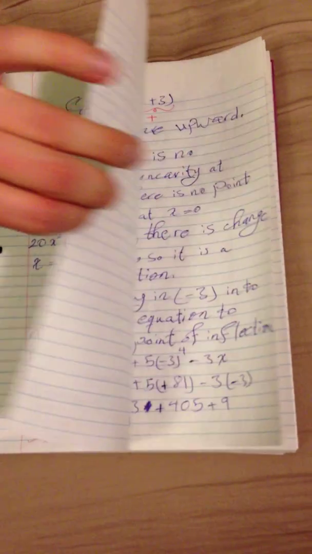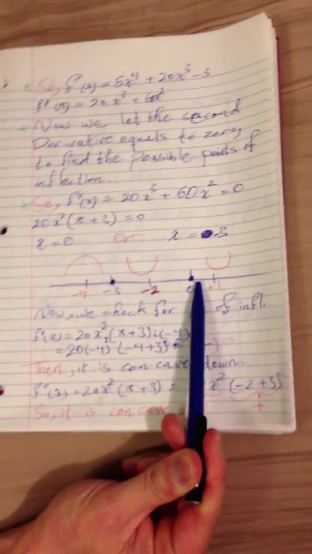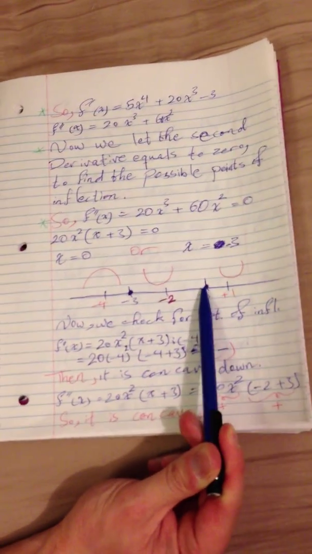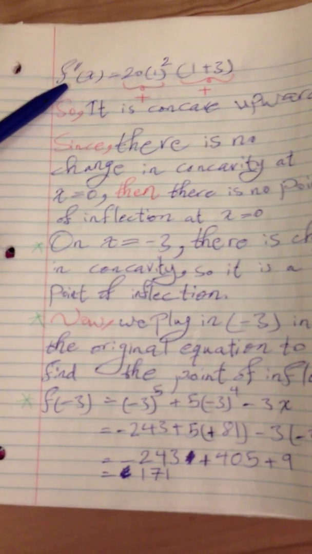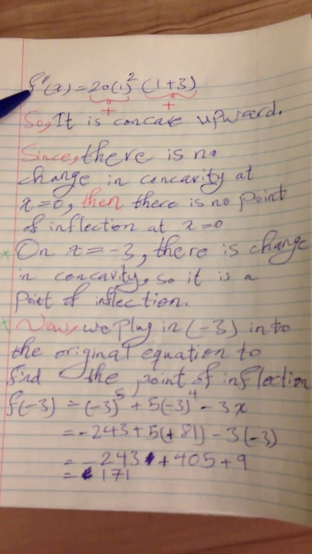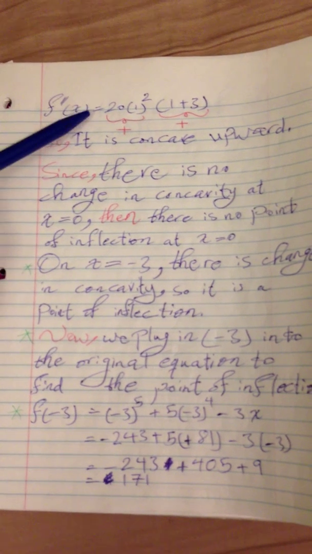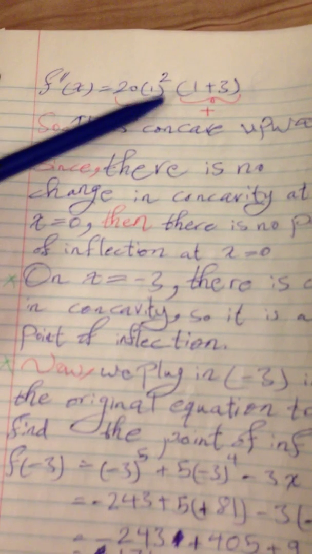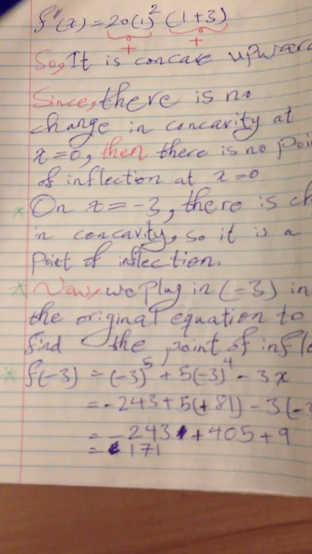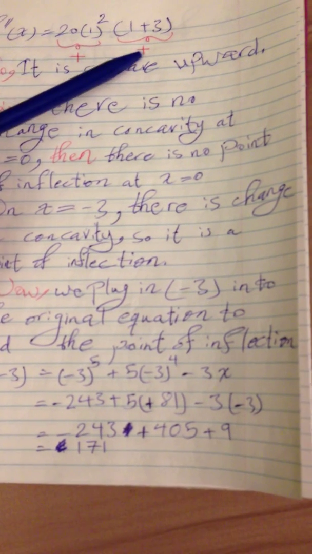Okay, now we check the right of 0. Let's plug in 1. So f double prime equals 20 multiplied by 1, which is positive, multiplied by 1 plus 3, which is 4, which is also positive.